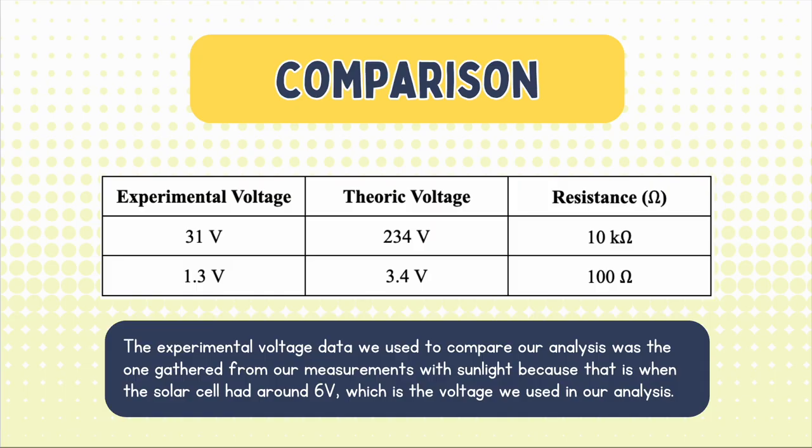It's important to mention that the experimental voltage data we used to compare our analysis was the one we gathered from our measurements with sunlight, because that's when the solar cell had around 6 volts, which is the voltage we used in our analysis.